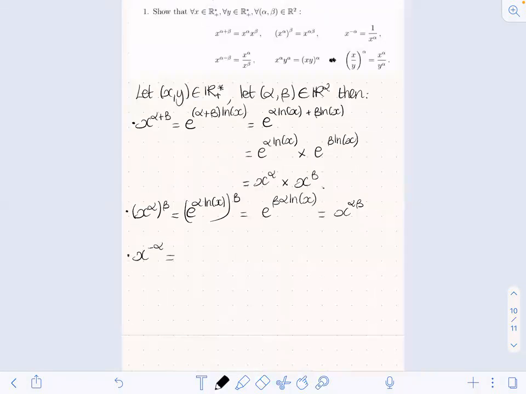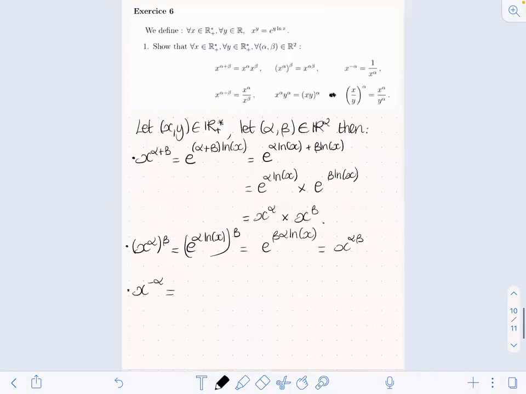So x to the power minus alpha, you get exponential of minus alpha logarithm of x. But what property can you use from the logarithm or exponential functions to rewrite this?